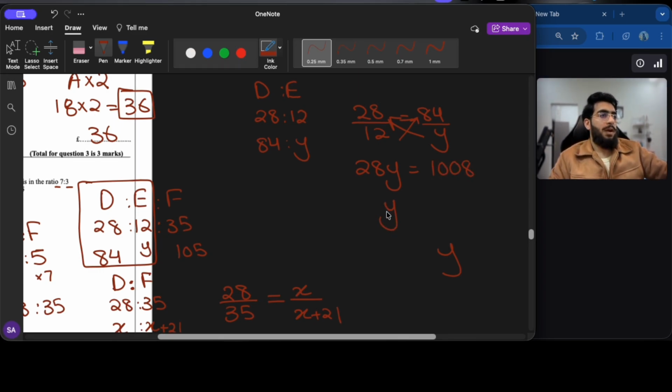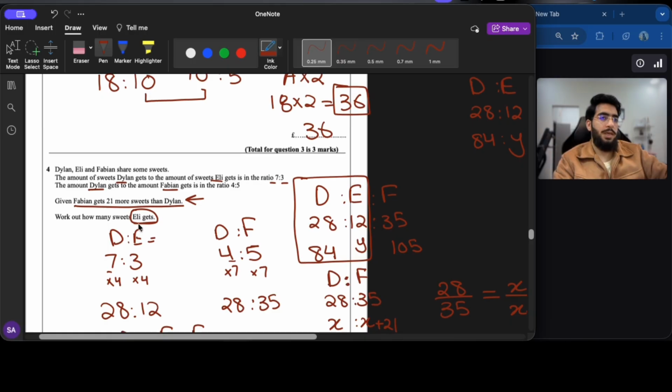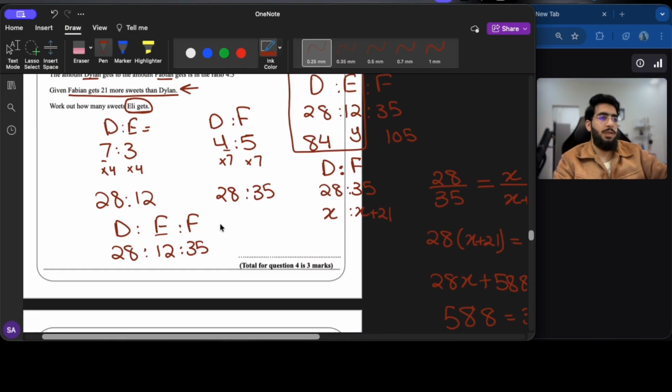We can find the value of y. So it's 1008 divided by 28, and if we divide it by 28, we get 36. So y is 36, and if we go back, y was what Ellie was getting, and the question was also asking how much Ellie gets. So the answer to this question would just be 36.